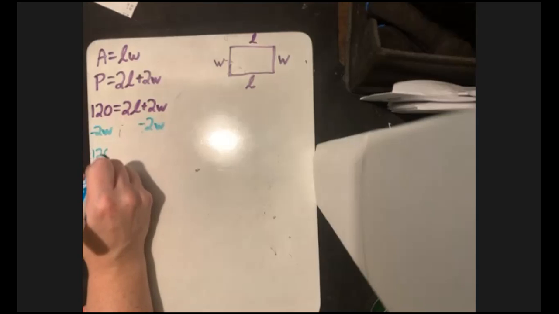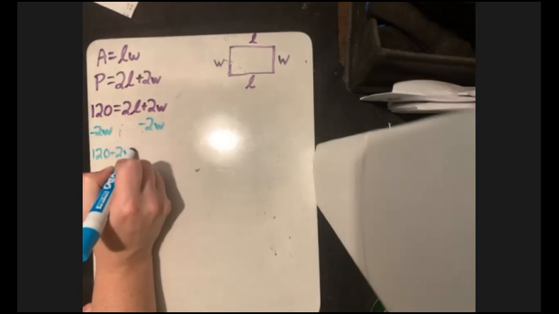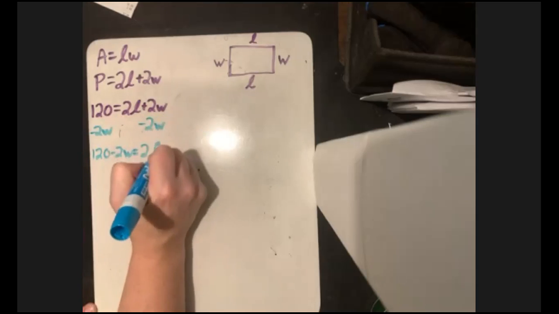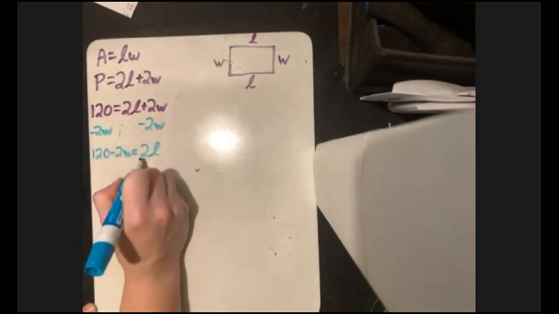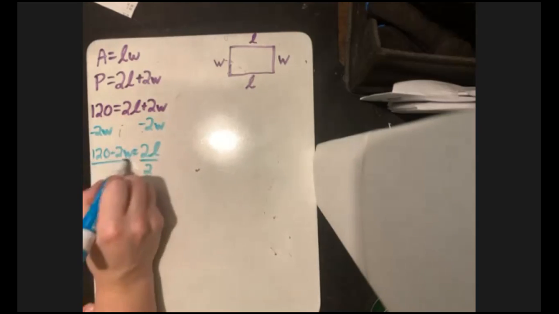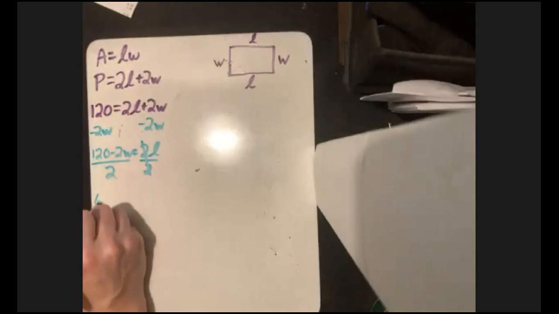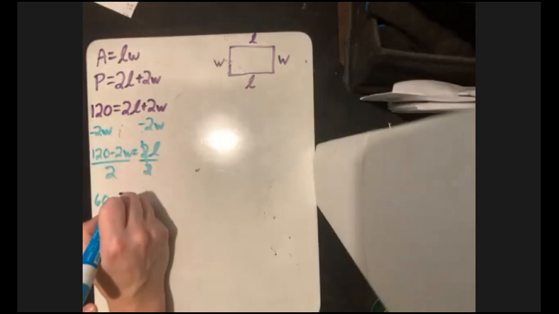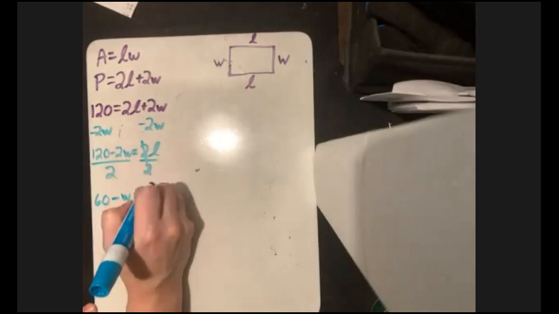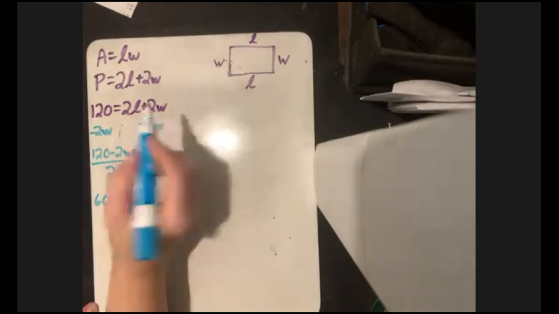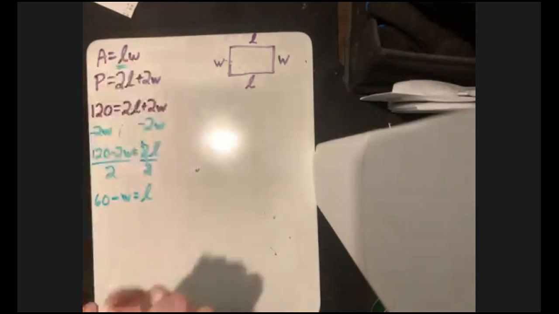So now I have 120 minus 2W equals 2L. And then I'm going to divide by 2. So 120 divided by 2 is 60. 2 divided by 2 is 1, so it'll just leave me a W. And that's my length.